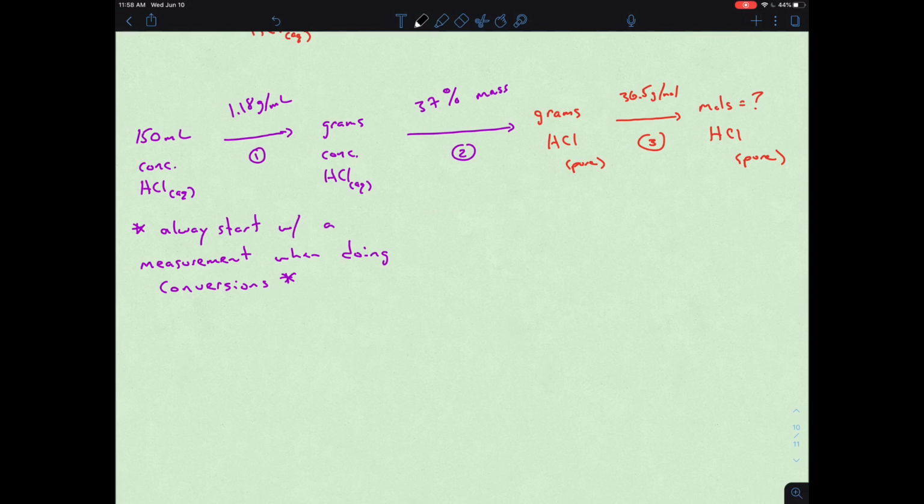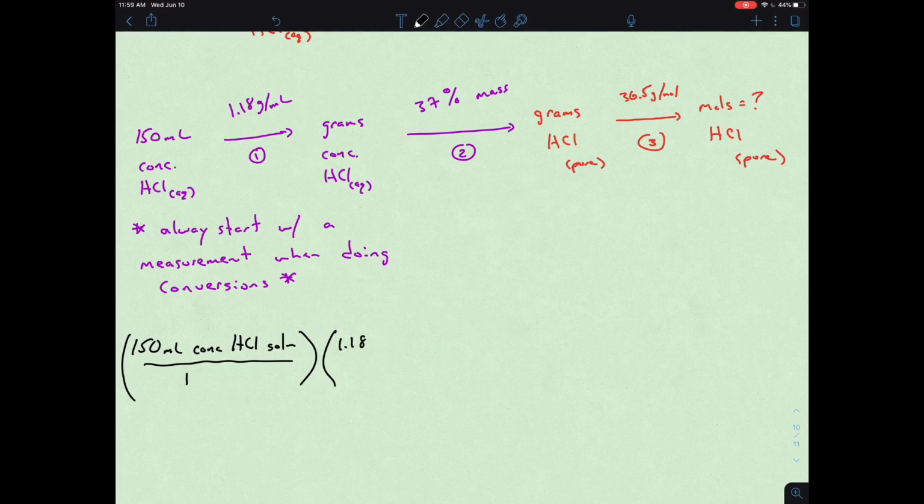So let's start the conversion process. We have the 150 milliliters of the concentrated HCl solution. And in step 1, we want to convert it using our grams per milliliter.